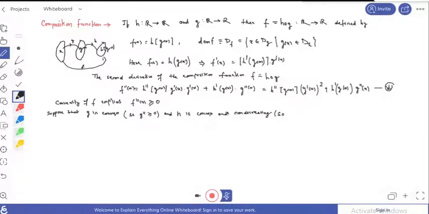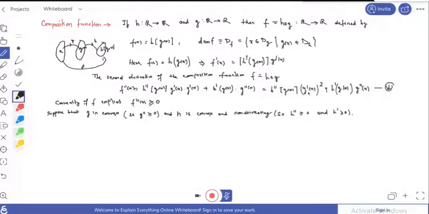So here, if we take h is convex, this means h double prime is greater than or equal to 0, and non-decreasing means h prime is greater than or equal to 0. Okay, so look here, if this h double prime is greater than or equal to 0, and whatever the value of this g prime, either positive or negative, the square of that is also positive.